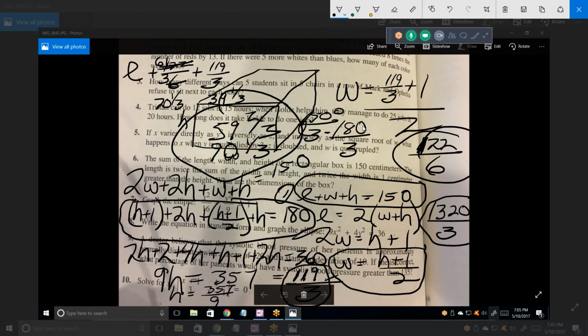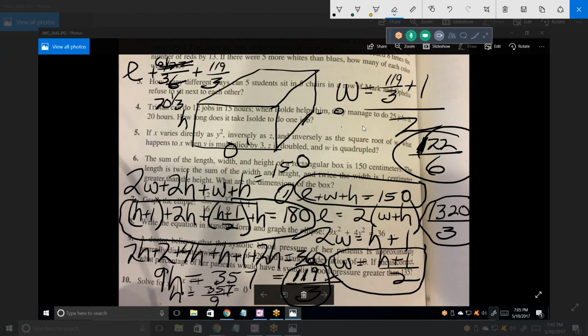Where are you getting 2 times 119 thirds? 119 thirds is what we got for H. If I label my box up here, because the length is 2 times the width plus the height, it's 2 times, in parentheses, 61 thirds plus 119 thirds.